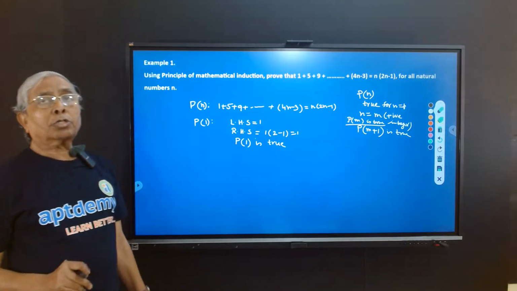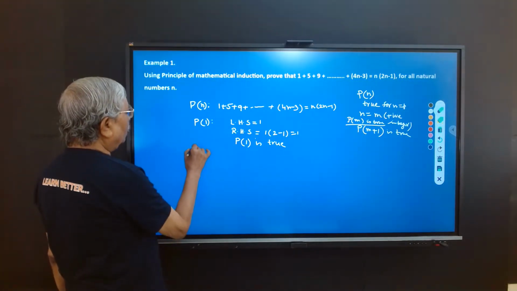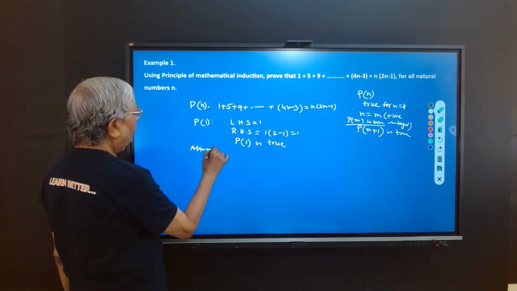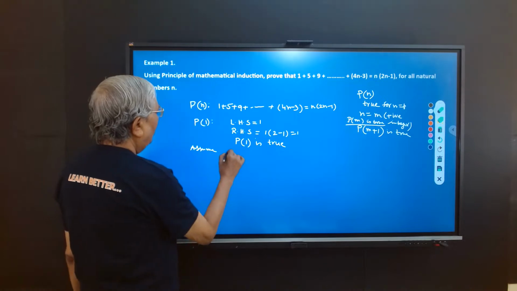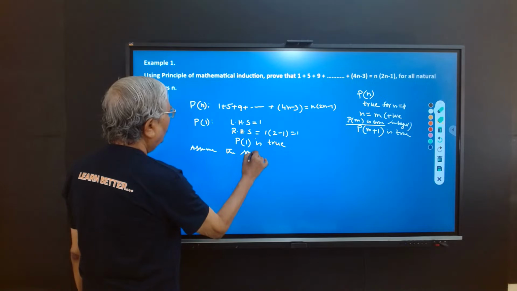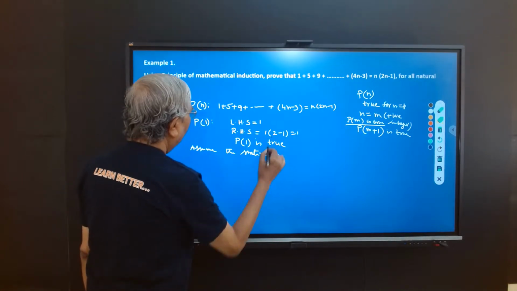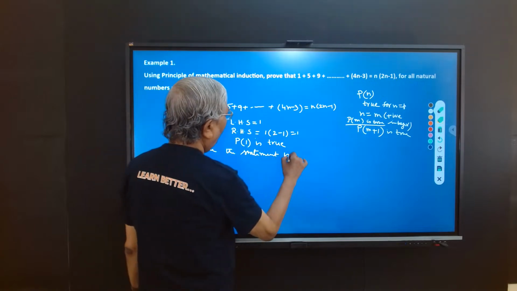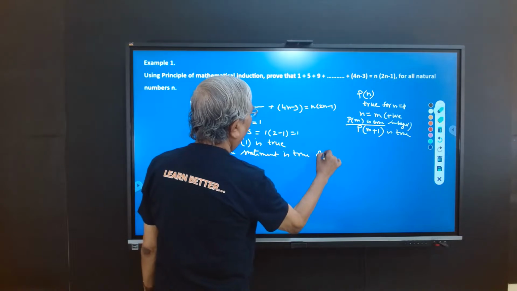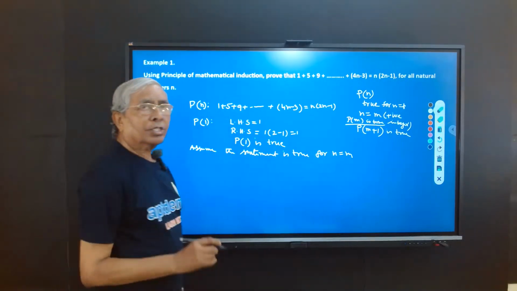Next, let us assume that Pm is true. That is, assume the statement is true for n equals m.